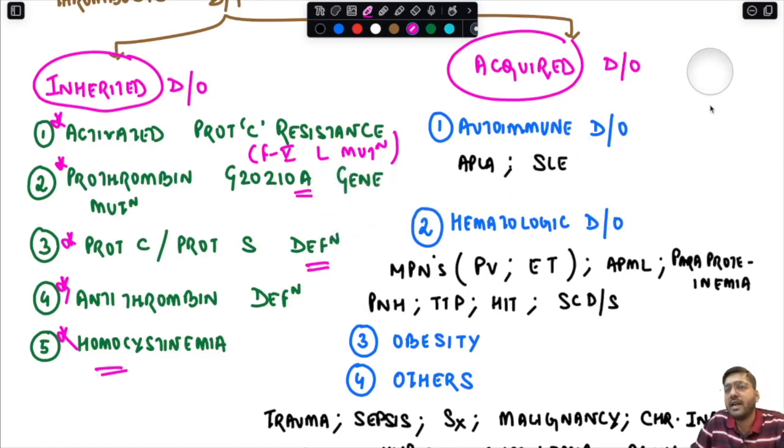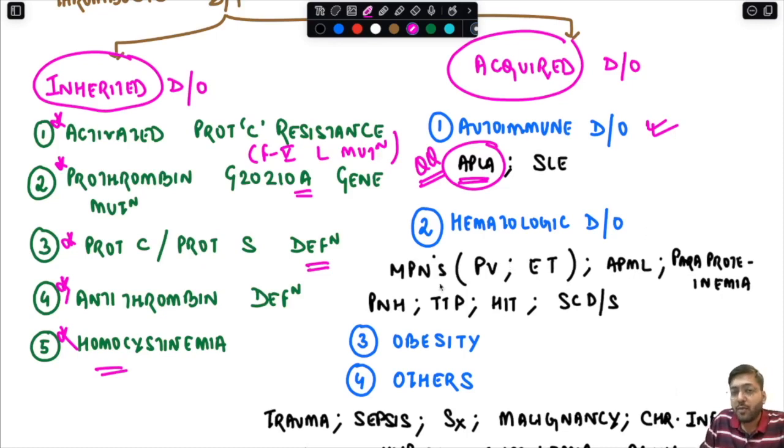Among the acquired thrombophilias, we have autoimmune disorders like APLA syndrome, that is antiphospholipid antibody syndrome, which is a very commonly asked question in the exam. Then there are hematological disorders which also cause acquired thrombophilia.